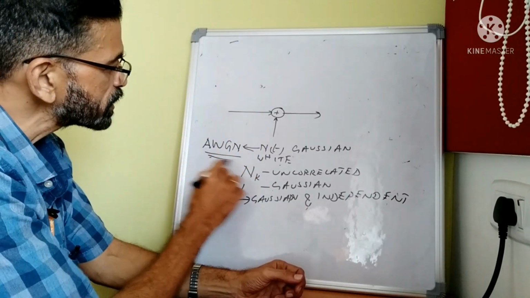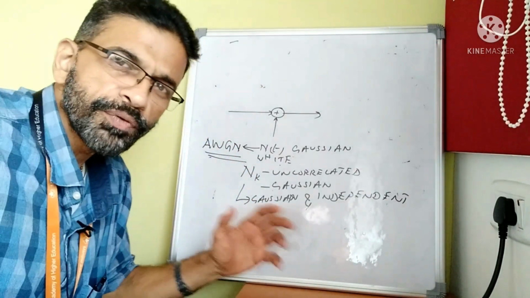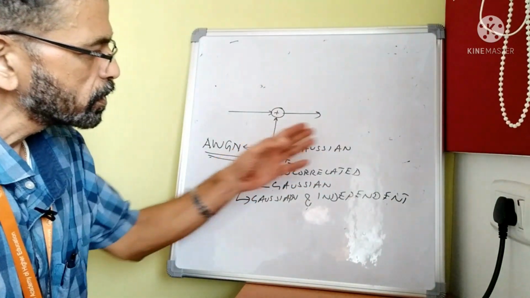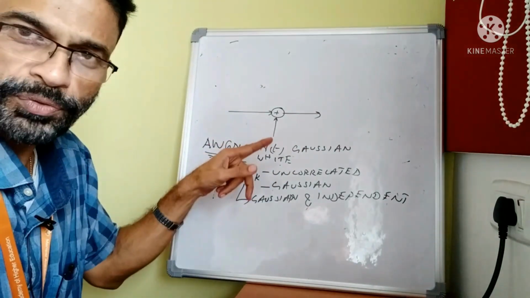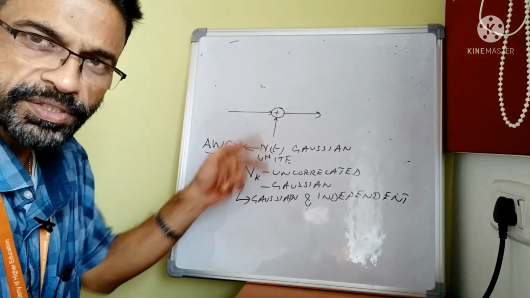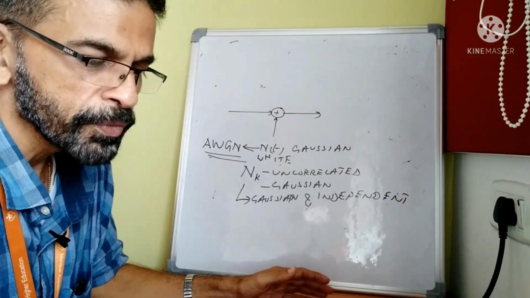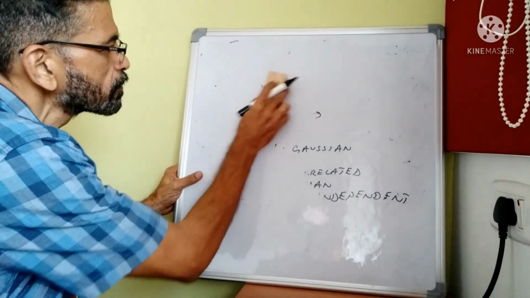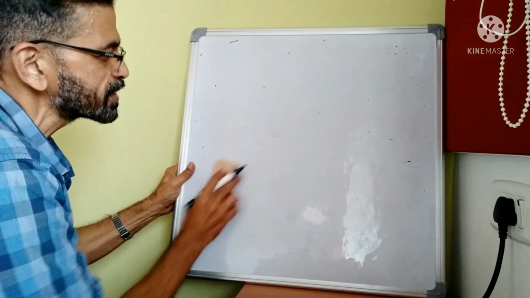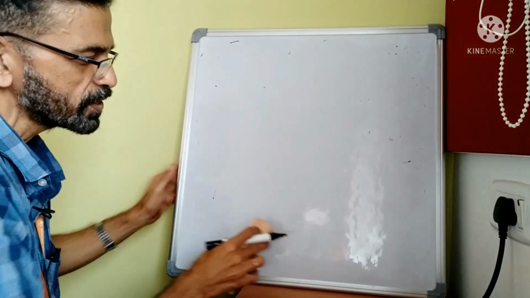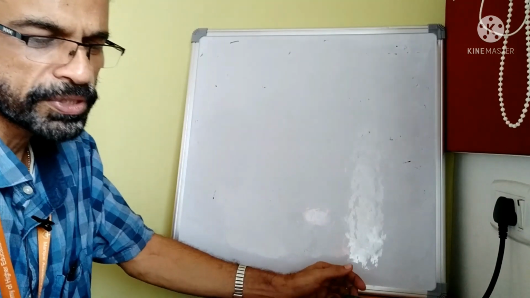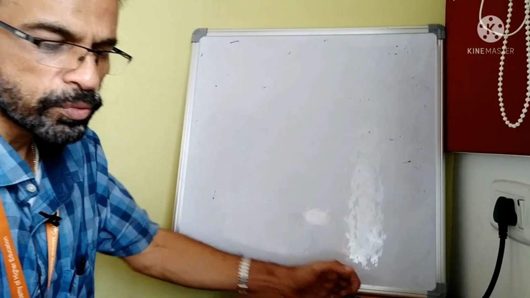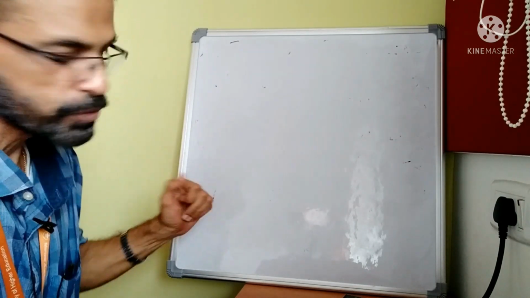So from here onwards, when we say AWGN, we refer to additive white Gaussian noise, and we are referring to these properties of noise. It is additive, it is white, it is Gaussian distributed, and of course it is noise. So the summary of this short discussion is that when nt is AWGN, nk will be Gaussian and independent. Now with this background we will proceed.